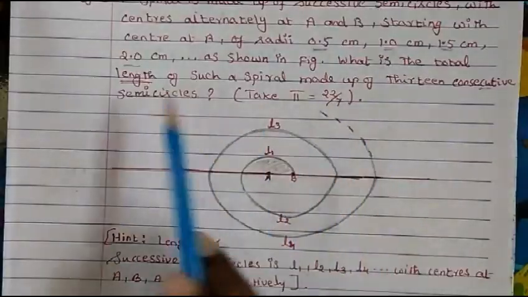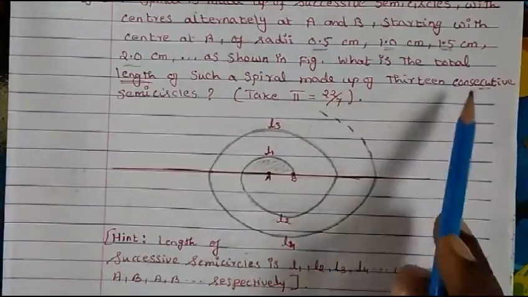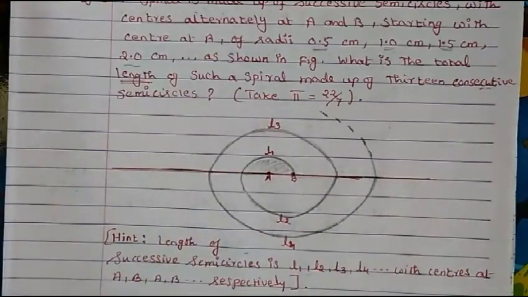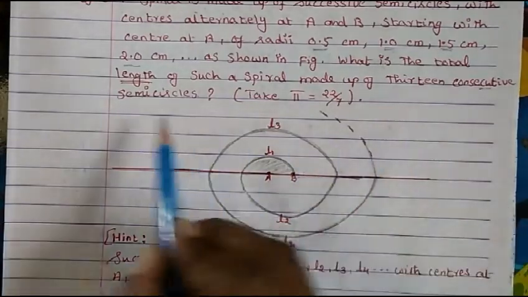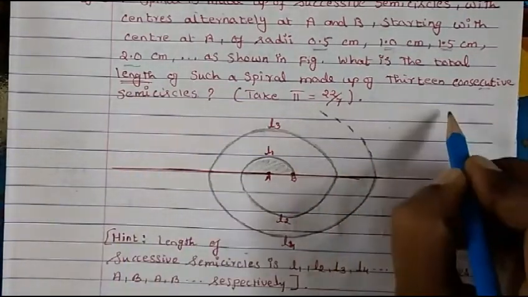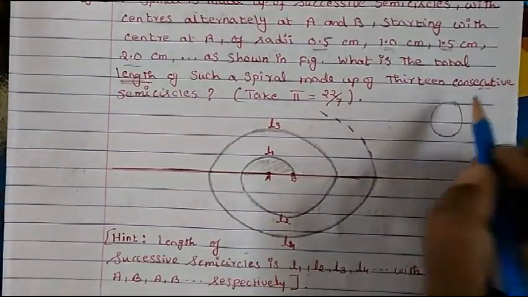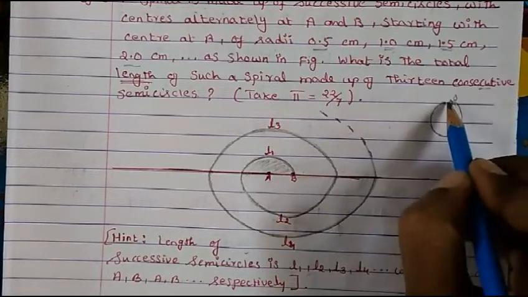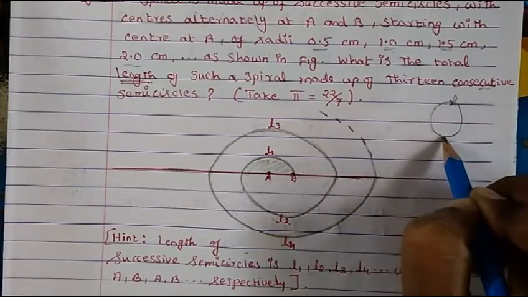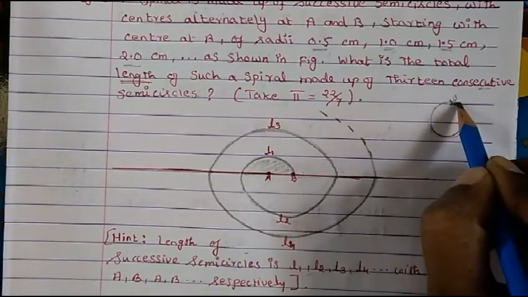I hope you understood the question. So what we have to find out is the length of such a spiral that is made up of 13 consecutive semicircles. Now try to understand what this length is. If you take a circle, start from here, from 0 kilometer I am starting, then I walk all along the border of this circle up to here.